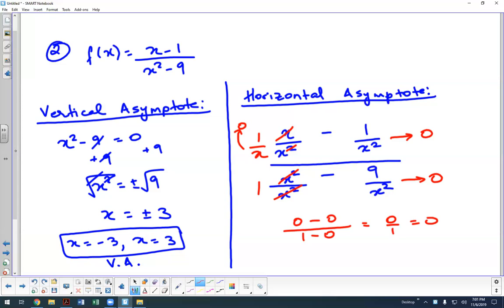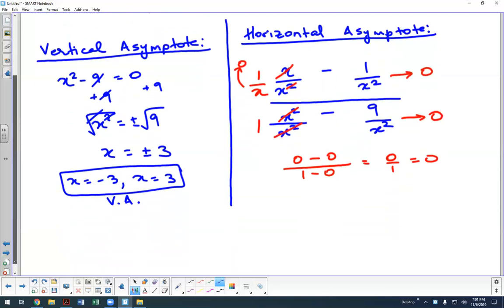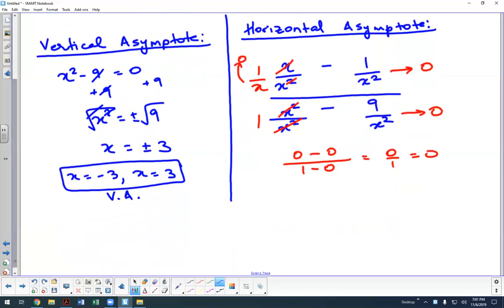So what's our horizontal asymptote going to be? At y equals 0. Because this is a horizontal line, its equation is going to be y equals 0.